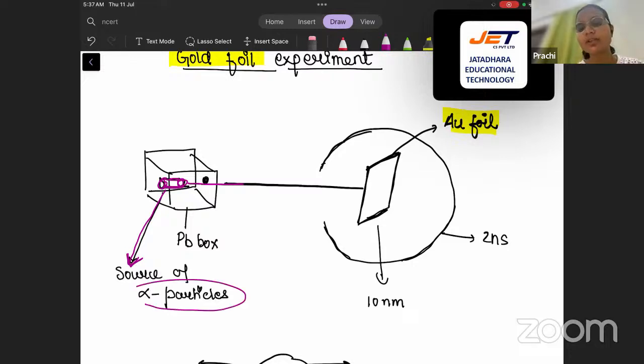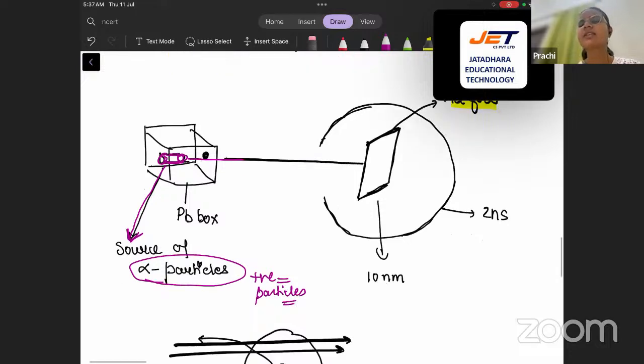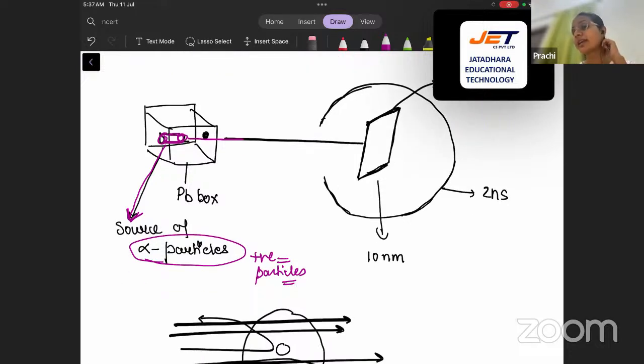So what are we going to get when I say alpha particles? It means that they are positive particles. These things we will learn in radioactivity, about different particles, that is alpha, beta, and gamma. For now, the only thing that you should know is that when I say alpha particles, these are the positive particles, right?